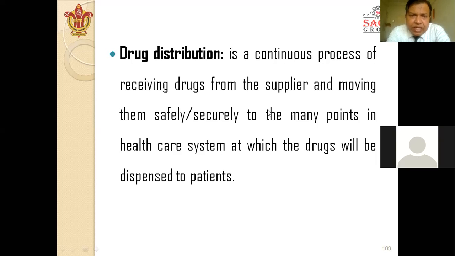That is the main aim of drug distribution. This is done in a hospital for both types of patient, inpatient and outpatient. Inpatients are admitted in a hospital, and outpatients visit the hospital for treatment and diagnosis purposes.